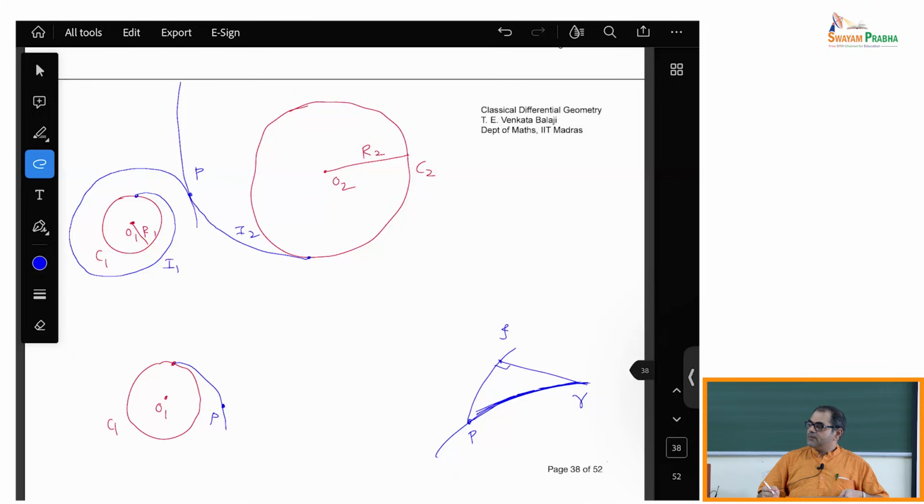Because basically what you have done is, when you pull out a portion of a string, the point that you have pulled out is still at a minimum distance from the curve, and that should be the perpendicular distance.